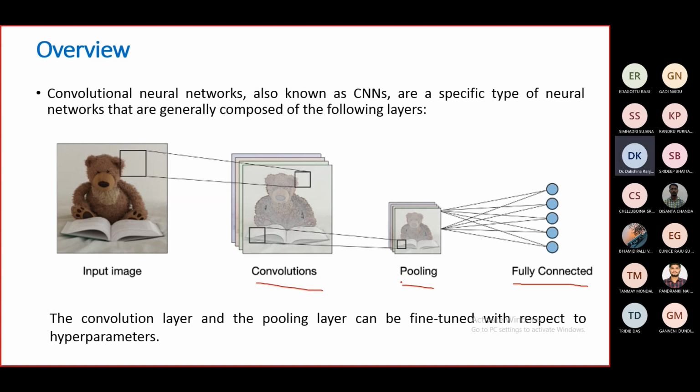Even in the pooling layers, we use different weights or coefficient values, and these weights in the filters in the convolutional layers and the filters in the pooling layers are known as the hyperparameters.